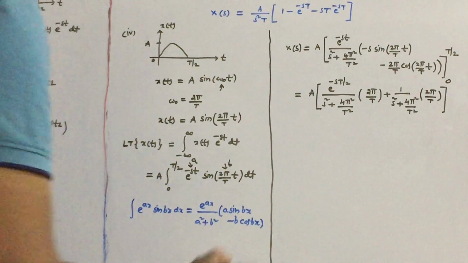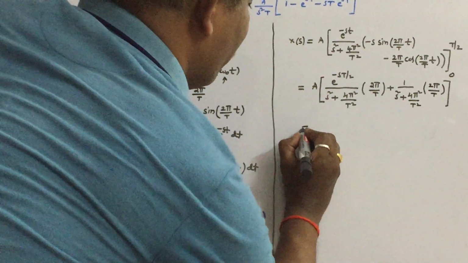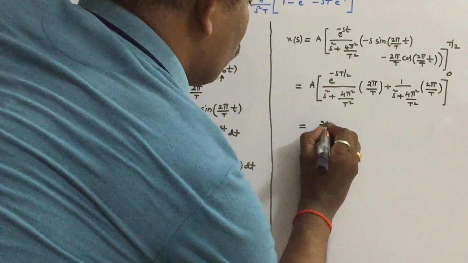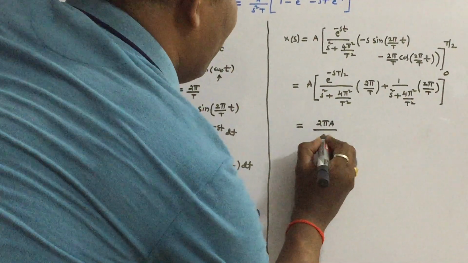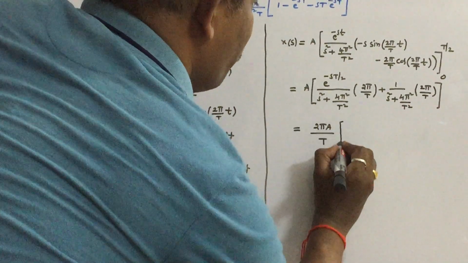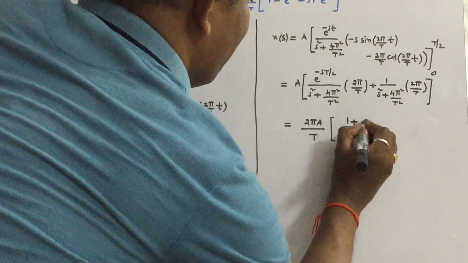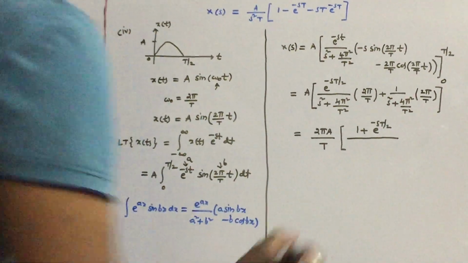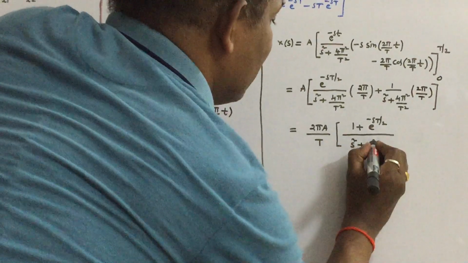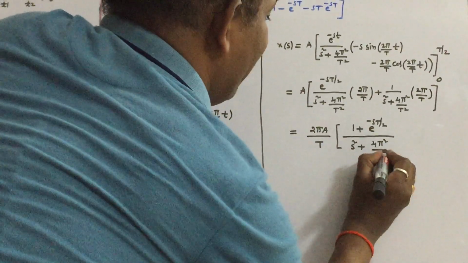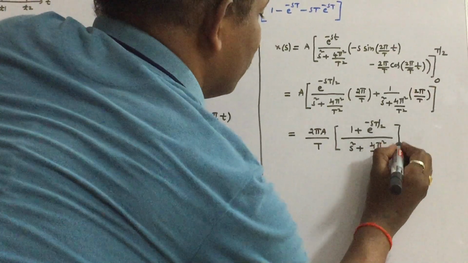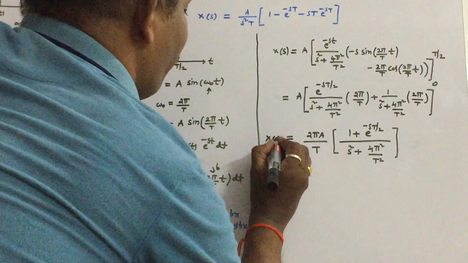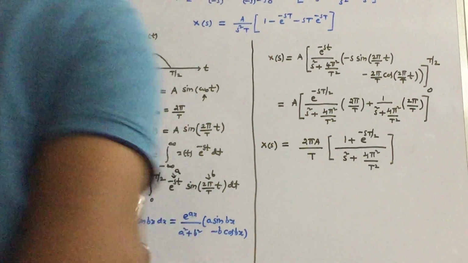Therefore you can take 2 pi by T as common. So you can write it as 2 pi A by capital T into, the numerator is 1 plus e power minus sT by 2, the denominator is s square plus 4 pi square by T square. So this is the answer for this given problem.